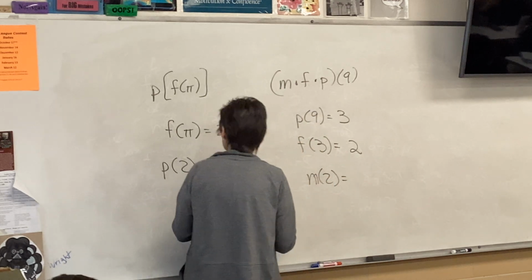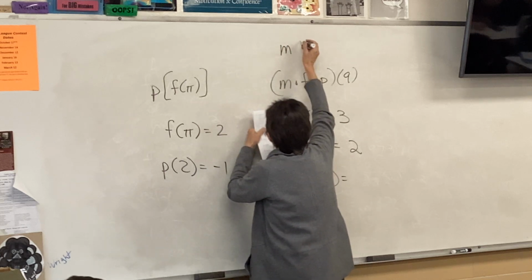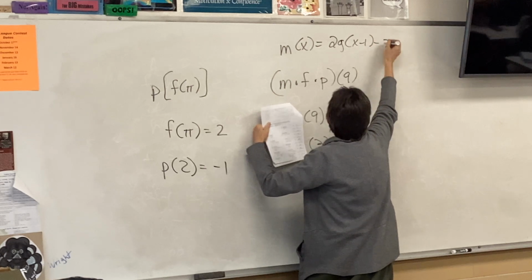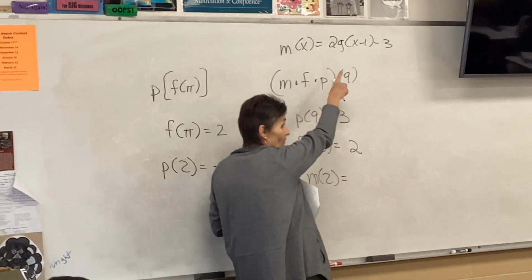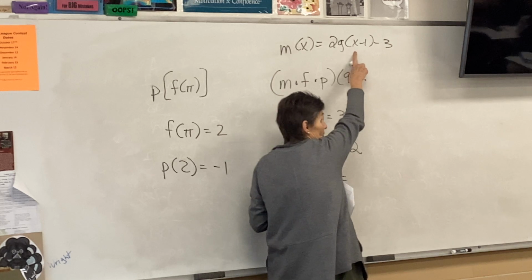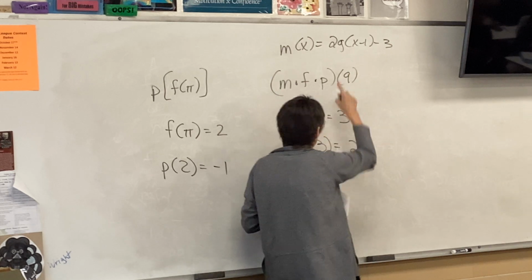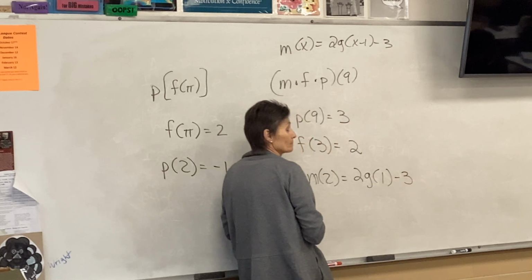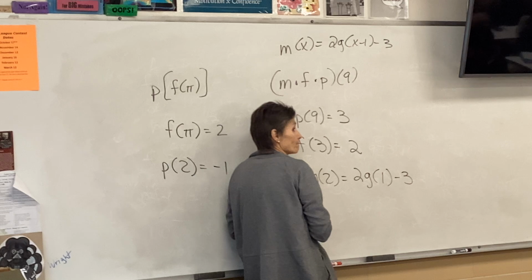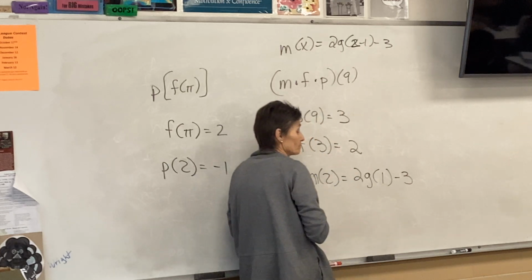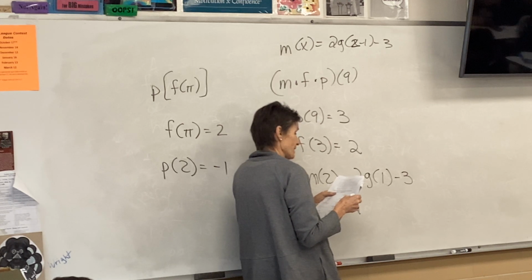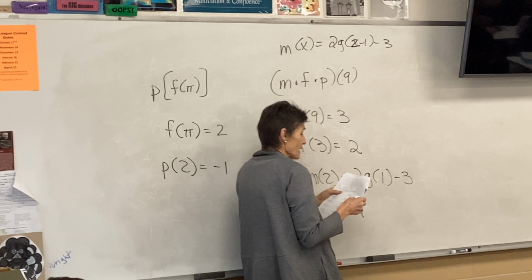So remember, this is m. So when I plug 2 in there, that's going to say 2g of 1 minus 3. Because I'm putting 2 in right there. So what's g of 1? G is another picture, and g of 1 looks like 3/2.